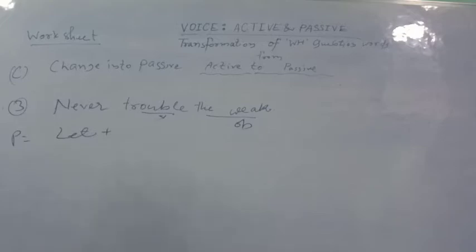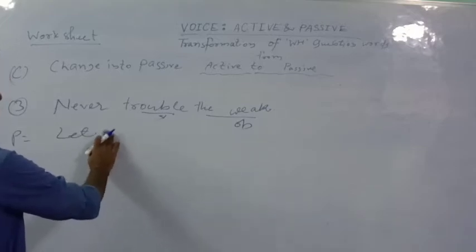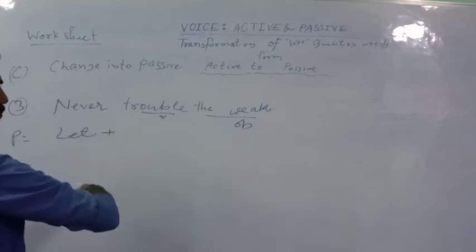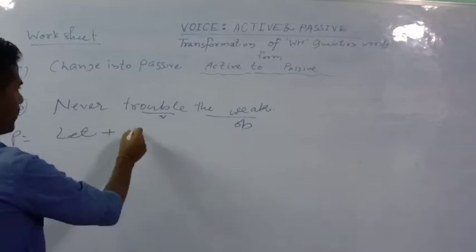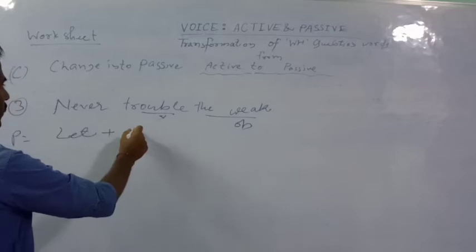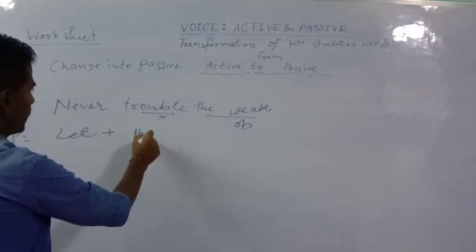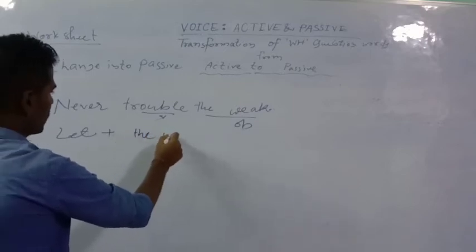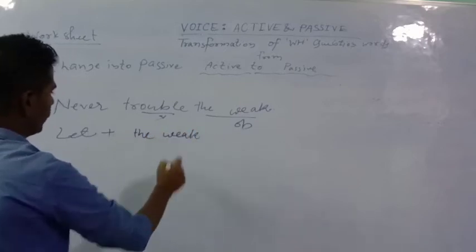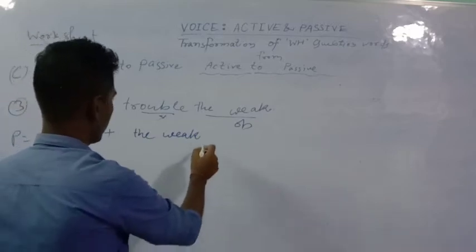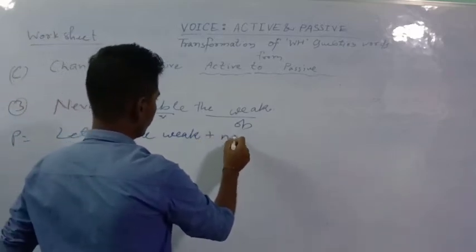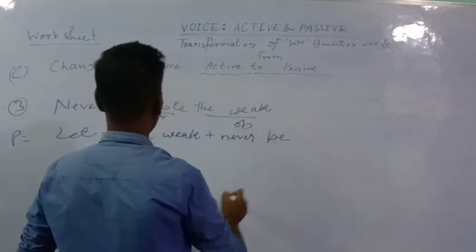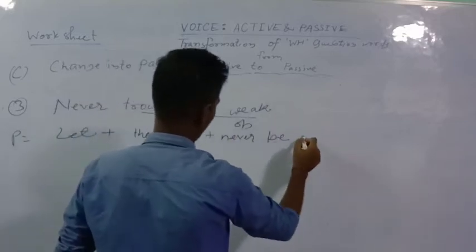Now see, it's very simple. Let, then after let what will come? This new object will come. Let the week. This object will become the new subject. So let the week, then the adverb never, then be, then the third form v3.